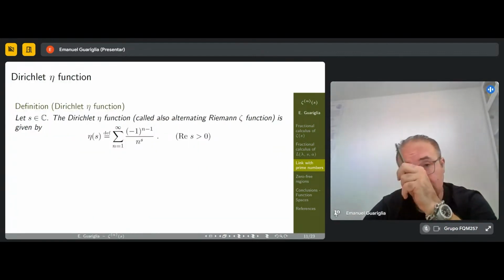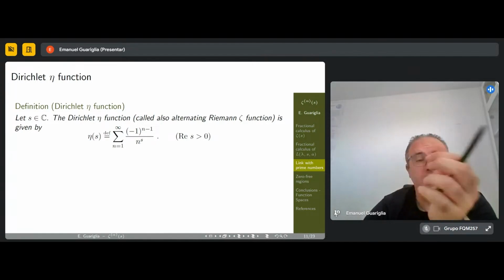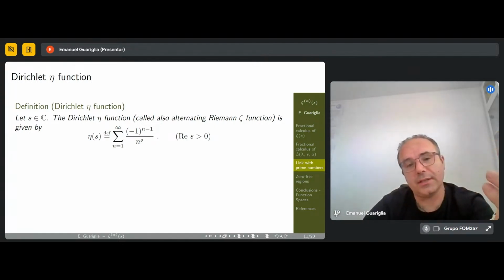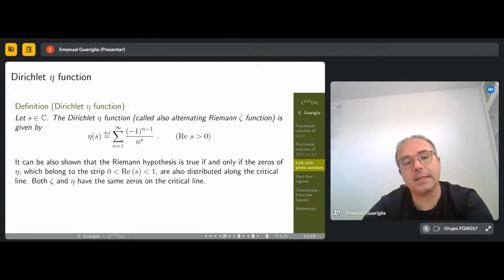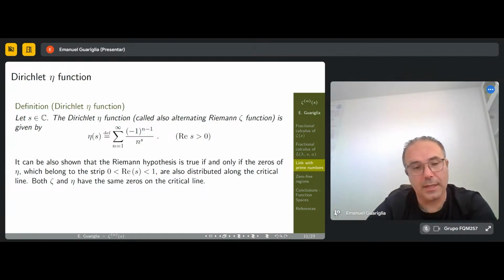And regarding the critical strip, if we introduce the Dirichlet eta function, we remember that the Dirichlet eta function converges when the real part of s is greater than 0. So, since the Riemann zeta function converges for the real part of s greater than 1, the critical strip is fixed by the convergence domain of these two functions.